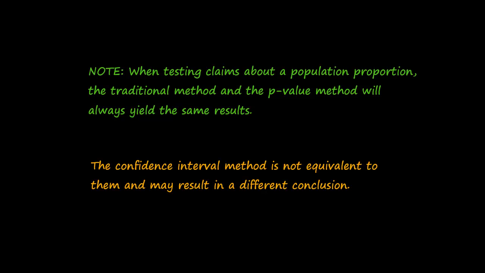But when it comes to the proportion, the confidence interval method is not equivalent to the traditional method and the p-value method, and you may come up with a different conclusion. We won't be using the confidence interval method as we proceed. It was mentioned before, though, that that is a possibility.